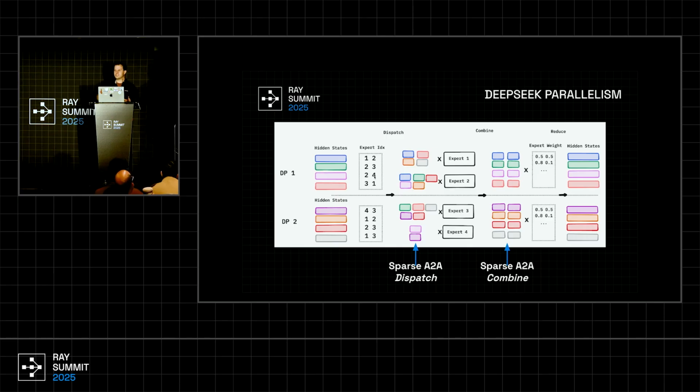So the key operation that we need is what we call a dispatch operation. This dispatch operation is going to send the request from the DP rank to the proper expert. As we can see, this first request in the blue here got routed to expert 1, so it's up at the top center with expert 1, and to expert 2.